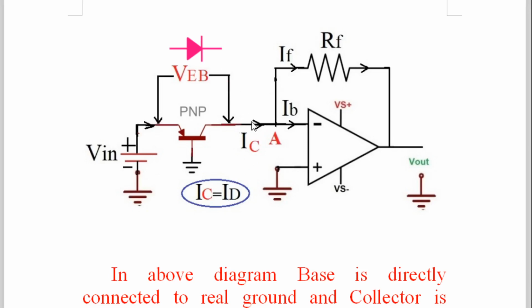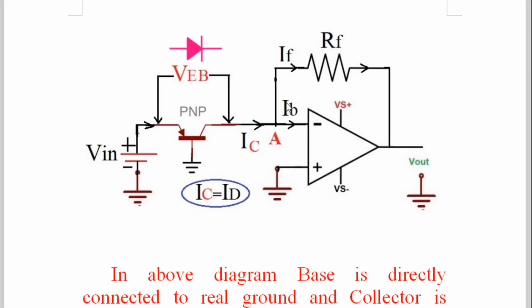Come to the point A. Now the incoming current IC, when it comes to the point A, gets divided into two branches. One branch is the input current IB to the op amp, and another branch is the feedback current IF. But all of you know very well that the input resistance of an op amp is very high, in mega ohms.